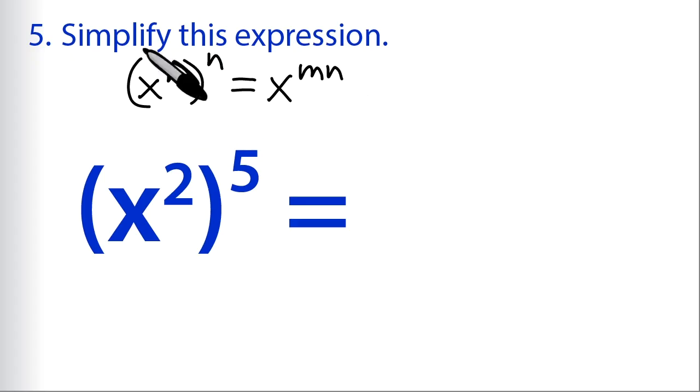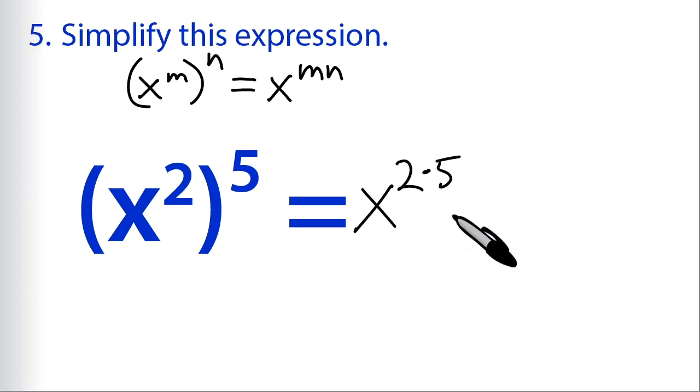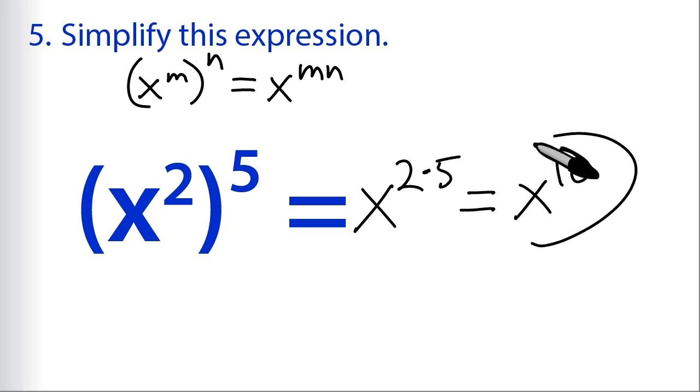So if we have a base raised to a power, and that whole thing is being raised to another power, then we can just multiply the exponents together and get rid of the parentheses. So x to the 2 times 5 power, and that's x to the 10th power.